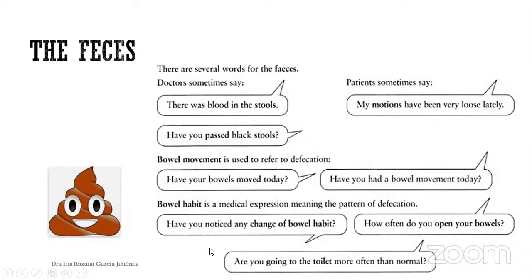So consider these expressions. Why do we use expressions and not ask rudely, maybe, like telling, how is your defecation?